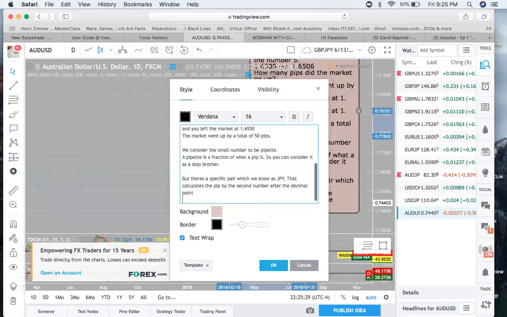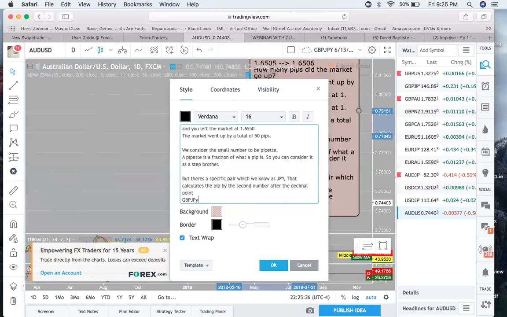Okay? So when we look at GBP JPY on the right side, we see that the number is 146.88.